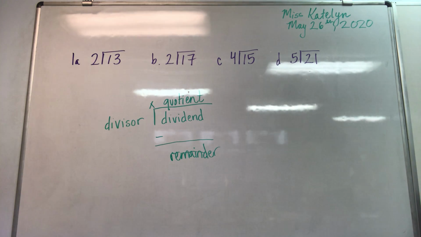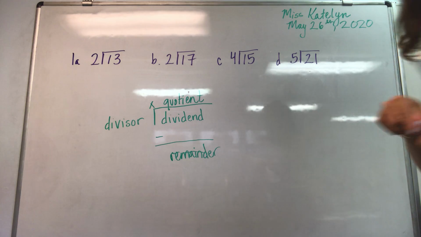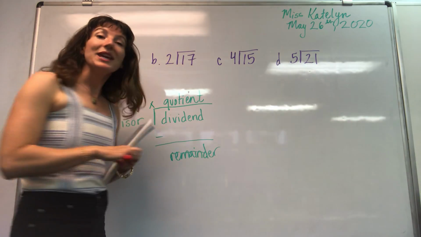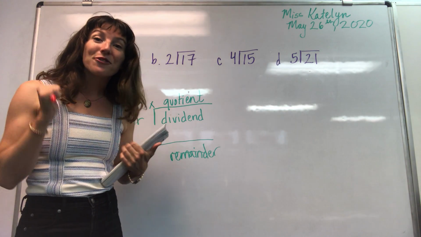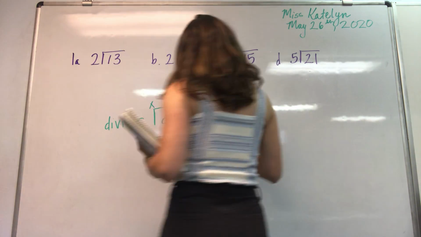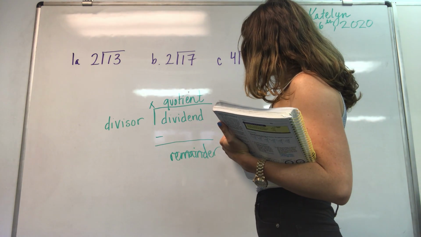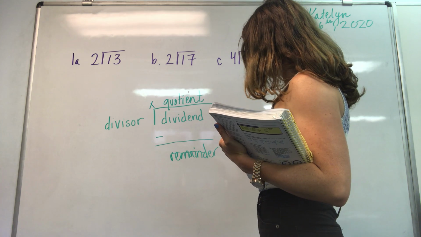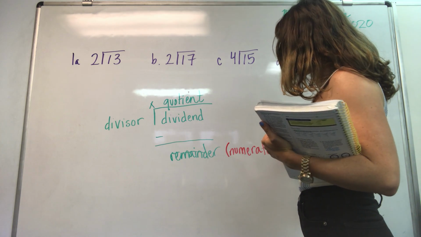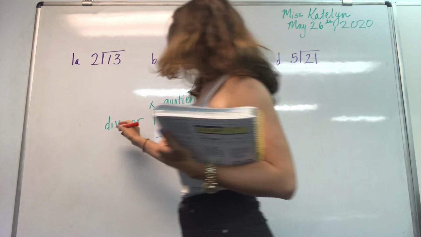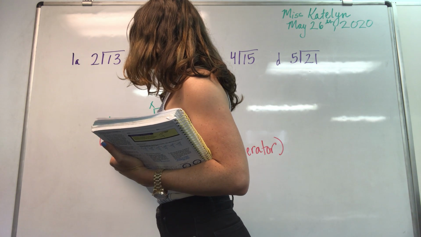Now, in my beautiful red, to write your remainder as a fraction, okay? Your remainder becomes your numerator, and your divisor is your denominator.